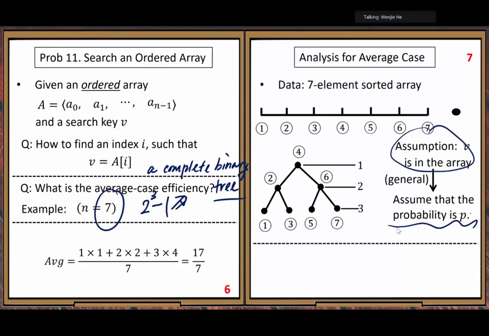So when you do the calculation, in our homework assignment number 2, you will have one question like this. So you will see this number means the number of comparisons for each node in this level.